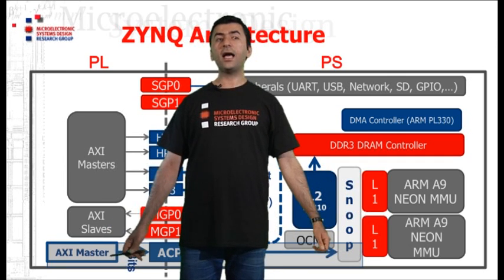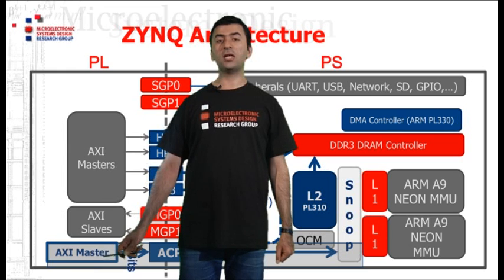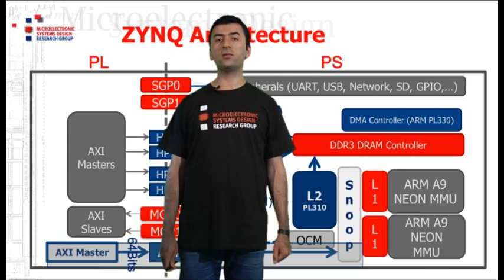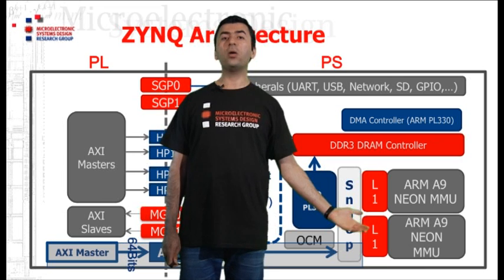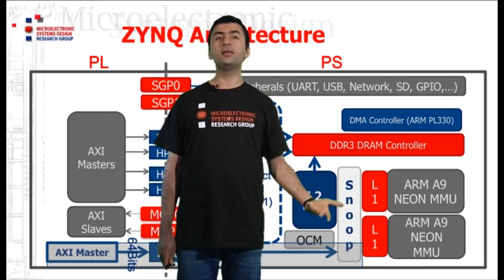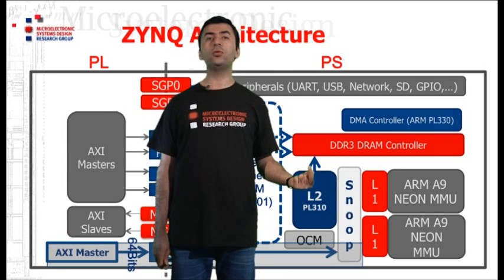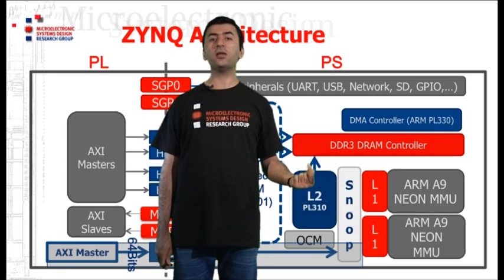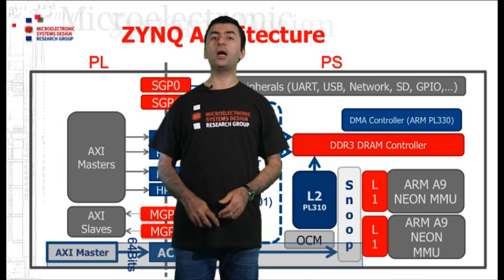If for the AXI transaction which has been initiated on the AXI master there is no copy or instance of the data inside the caches, then through this port the transaction will be redirected to the DRAM memory.